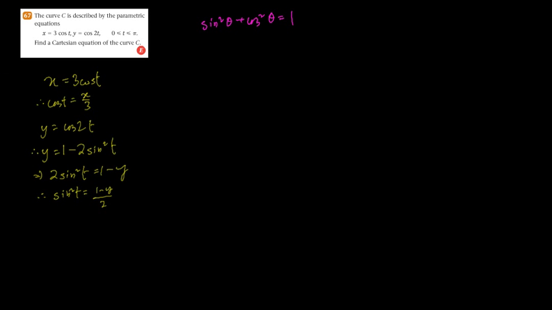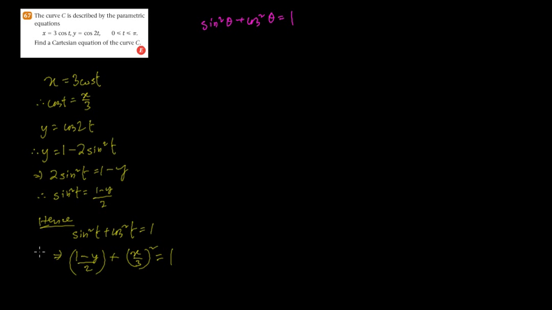So hence sine squared t plus cos squared t is identical to 1. Instead of sine squared t, I can plug in (1 minus y) divided by 2, plus cos t is x by 3, so cos squared t is going to be (x by 3) whole squared, equals 1.